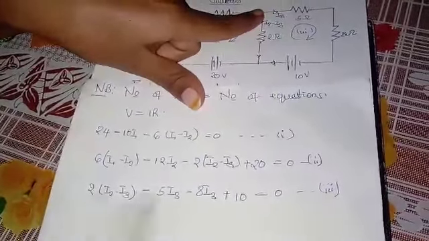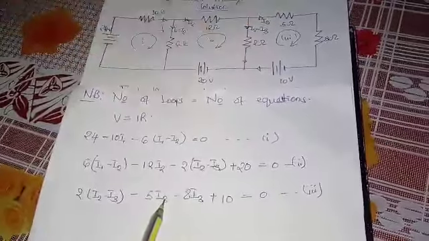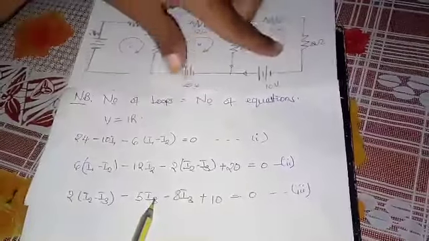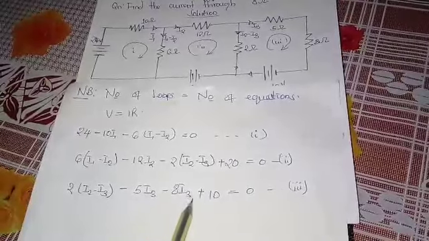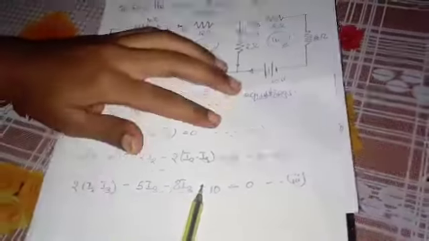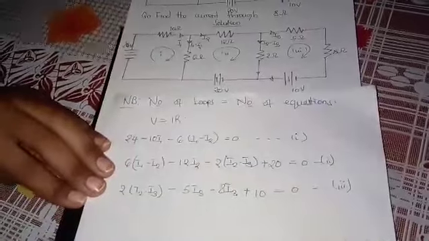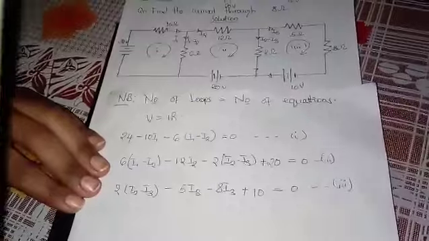Minus 5 I3, because the direction of the loop and the direction of the current is the same, so the sign will be minus 5 I3, the current which is passing through this resistance and which is the same as the current passing through the 8 ohm resistance, which will give us minus 8 I3, plus the source, which is 10 volts. The sign will be positive. As we can see, the loop shows us it is from negative to positive, so the sign will be positive.